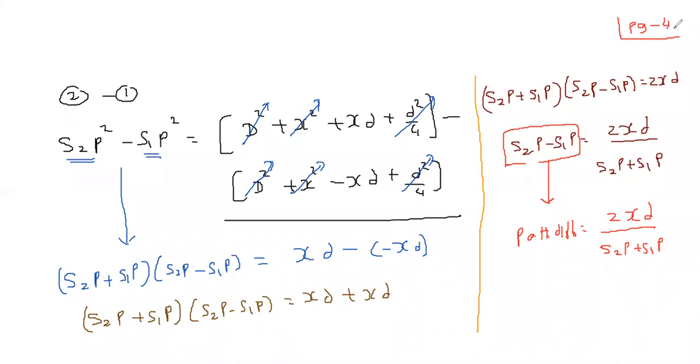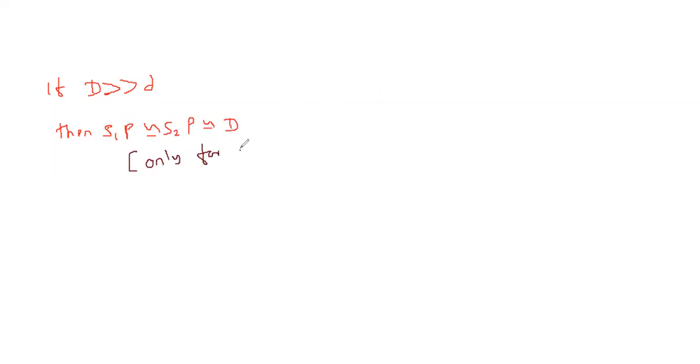Are you confused? Sir. Understood. What about you? Sir, yes, sir. Now what are we going to do? If the capital D value is much more than small d, then S1P is approximately equal to S2P, approximately equal to D. We are going to take that, and this approximation is only for the denominator. Only for the denominator. Then what will happen?